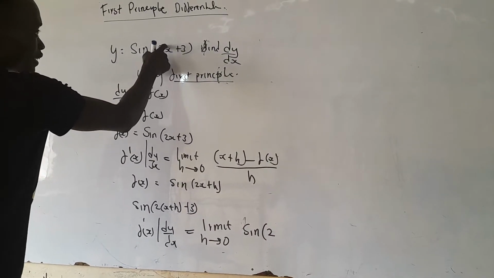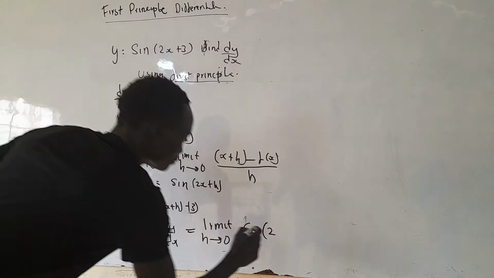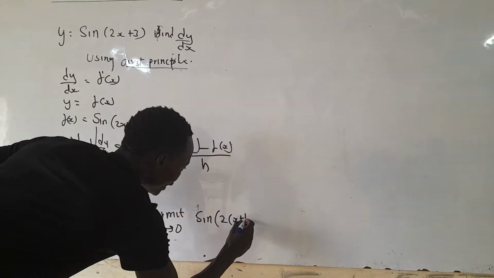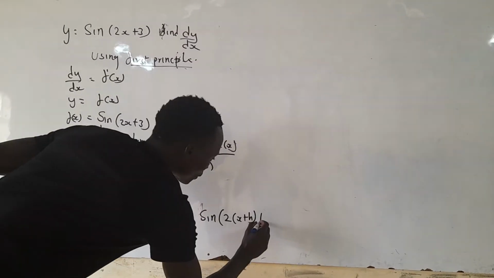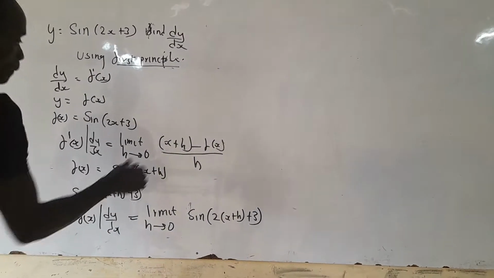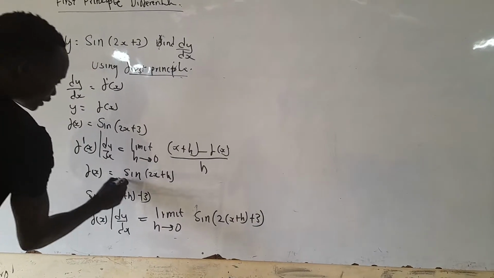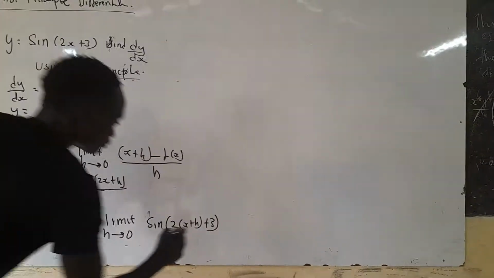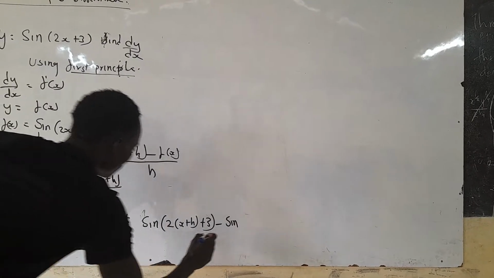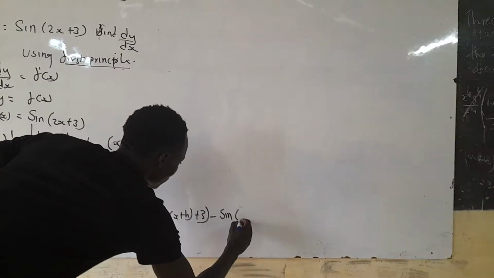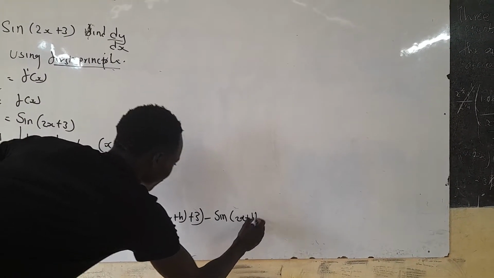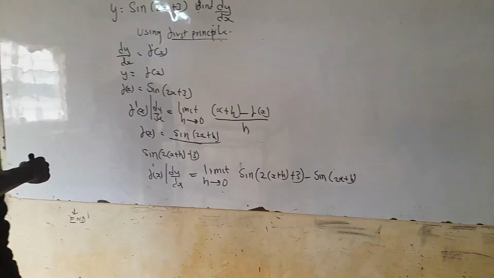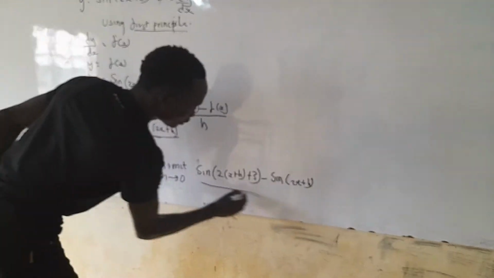So where there is this x, I will place this, (x + h) plus 3, minus f(x), and our f(x) is all of this, minus sine of (2x + 3), and everything all over h.